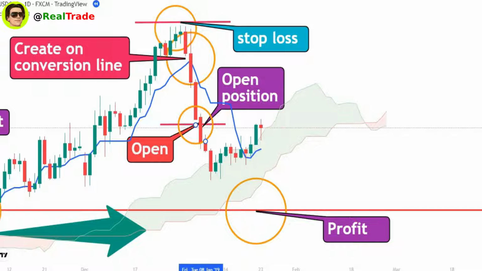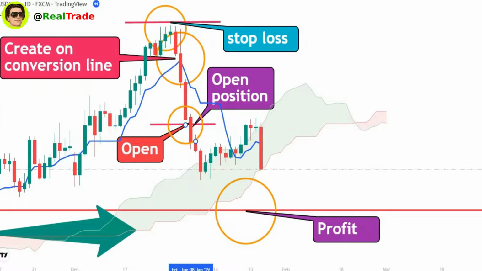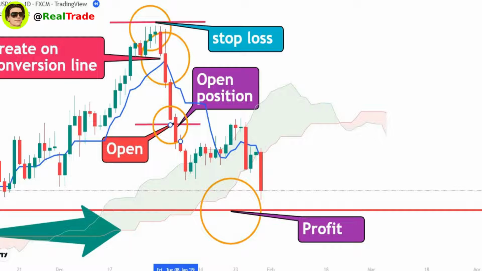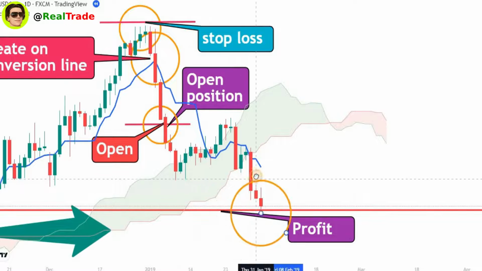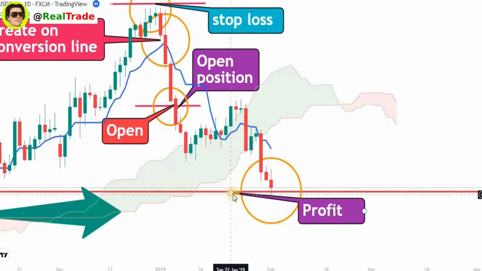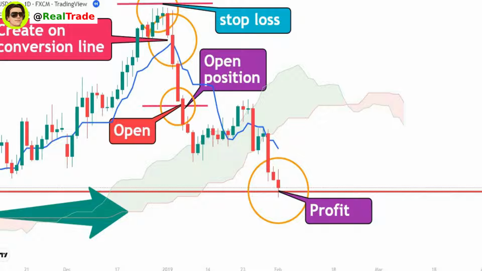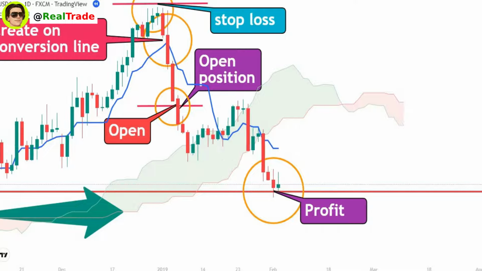Next candle. Continue. Good. Very good. Yes. This area is TP. It is profit.